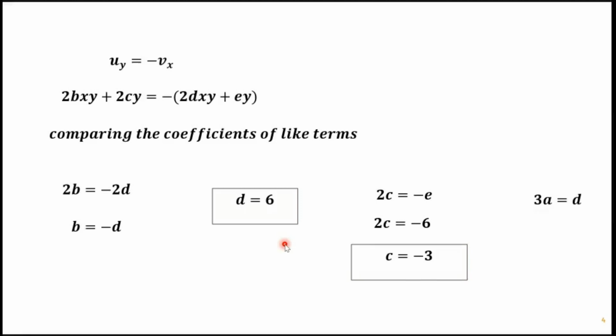Okay? 3a is equal to d. I think we didn't get the value of a, right? A is equal to 2. पूरे इक्वेशन को साथ में लिख के we have to just compare the coefficients and get the values of a, b, all the constants here.